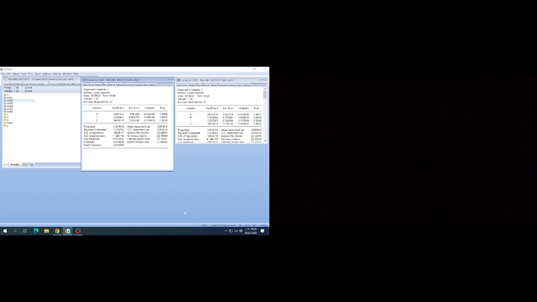Okay, from my teaching point of view, I need to ask: why do we learn this topic? And why is it so important that you know the consequences of omitting important variables? So in this case, you can see this is the correct one, and this is the one you run. What's the difference between these two in terms of the coefficient?